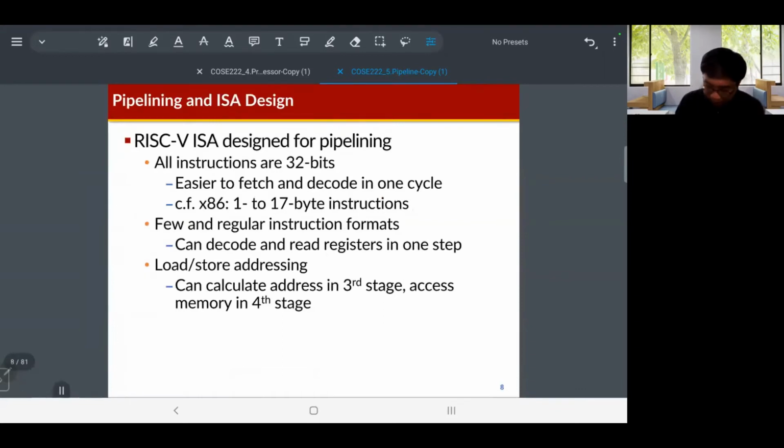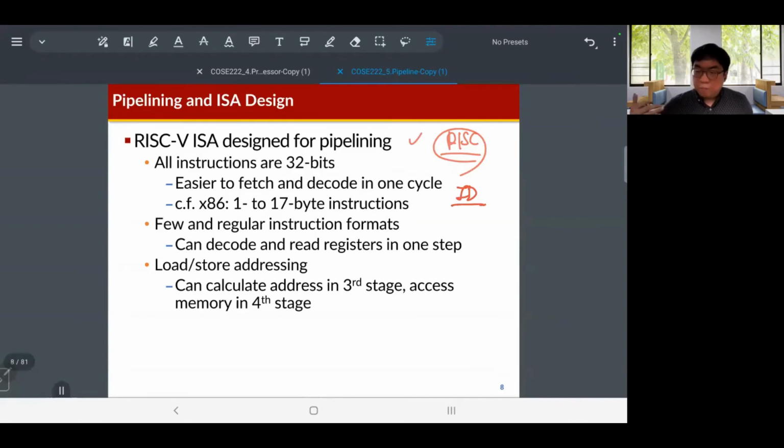This slide explains the simplicity of the RISC-V instruction set. The RISC-V instruction set is a RISC type instruction, which means it has a very simple format, and RISC-V instructions have a fixed length, like 32 bits. So the decoder, the hardware for instruction decoding, can be simplified.